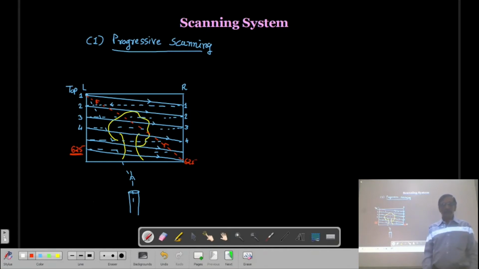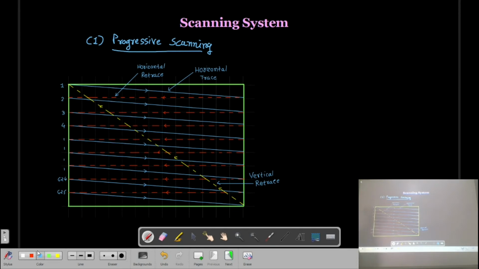Now you try to understand some terminology that will be helpful to you to understand what a composite video signal is. So let us see some terminology in scanning. Here the progressive scanning is shown in this diagram, and you can see this line number 1, then we have line number 2, then line number 3, and the last one is line number 625.